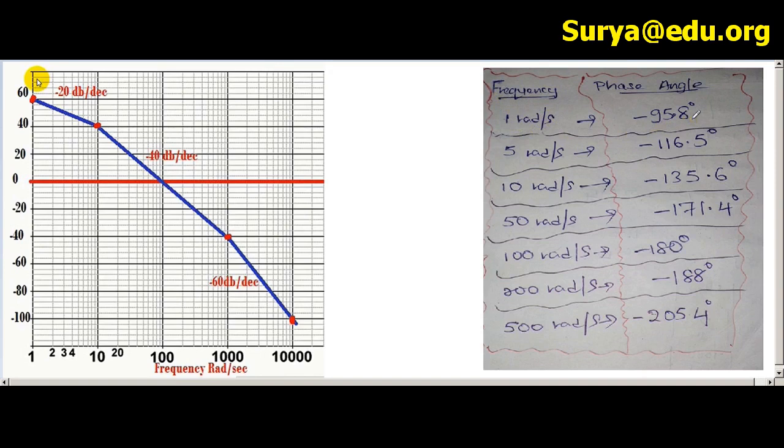In the previous video I did some sample calculations: for 5 radians per second, minus 116.5 degrees was the phase angle, and for 10 radians per second, minus 135.6. So for 1, 5, 10, 50, 100, 200 and 500 radians per second, you have now calculated the phase angle values by using that previous formula.